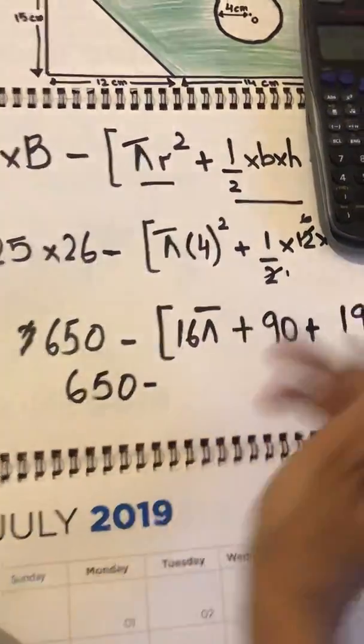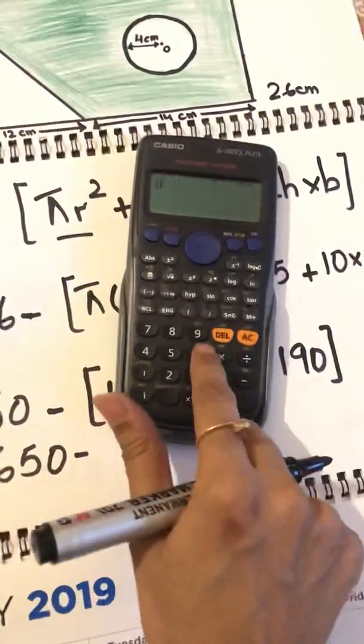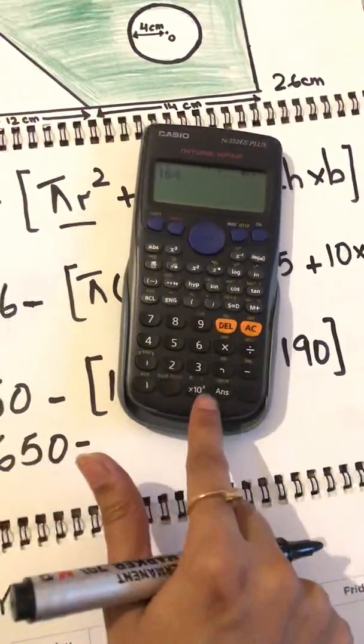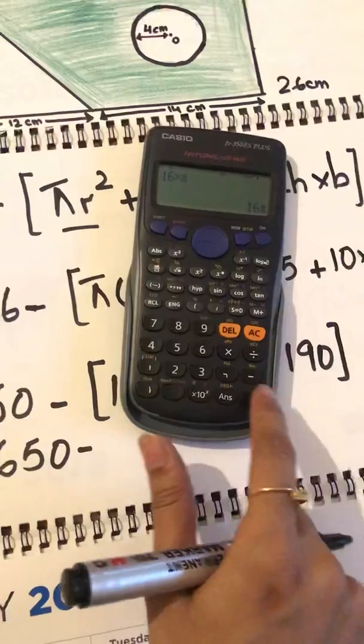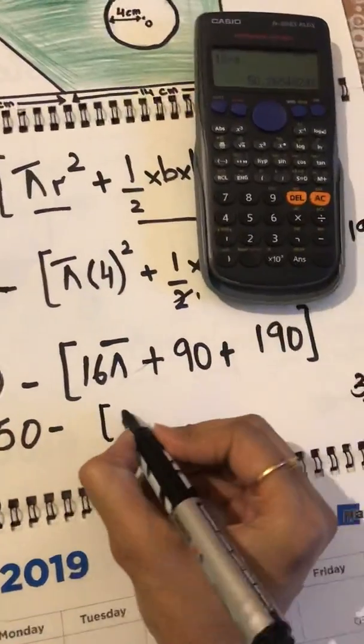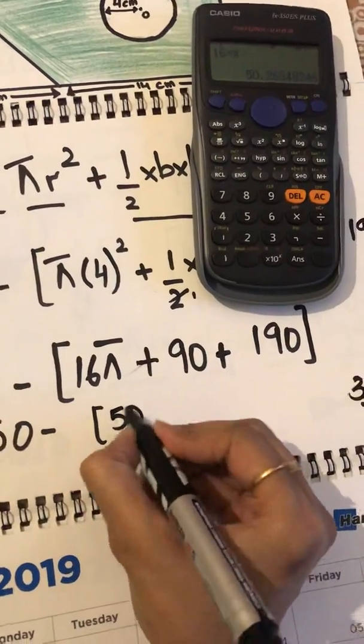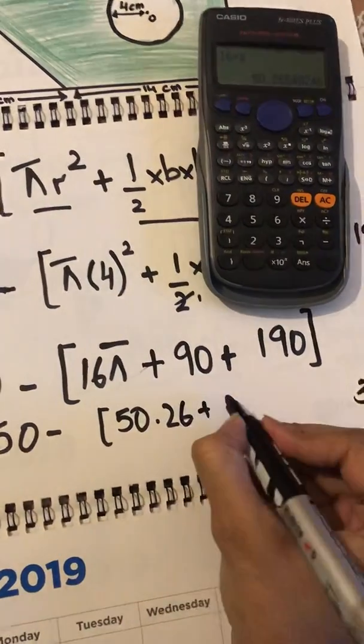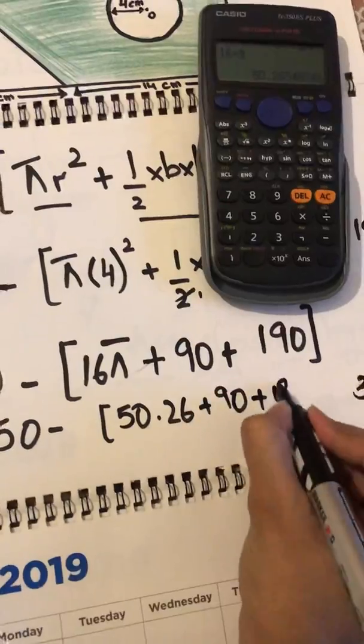How? What is 16 multiplied by pi? That is 50.26 plus 90 plus 190.